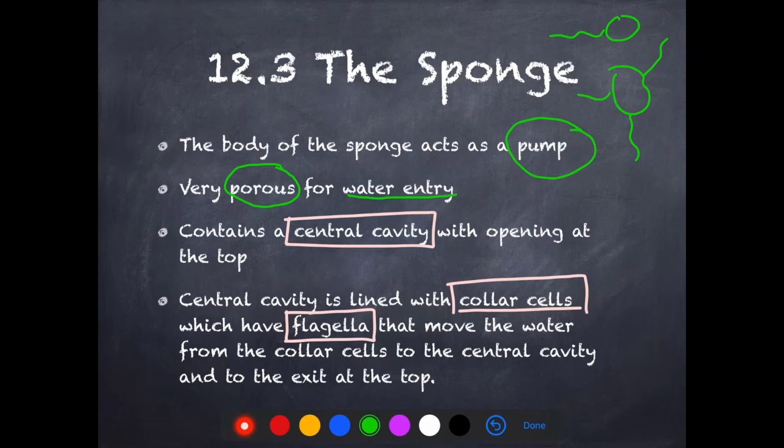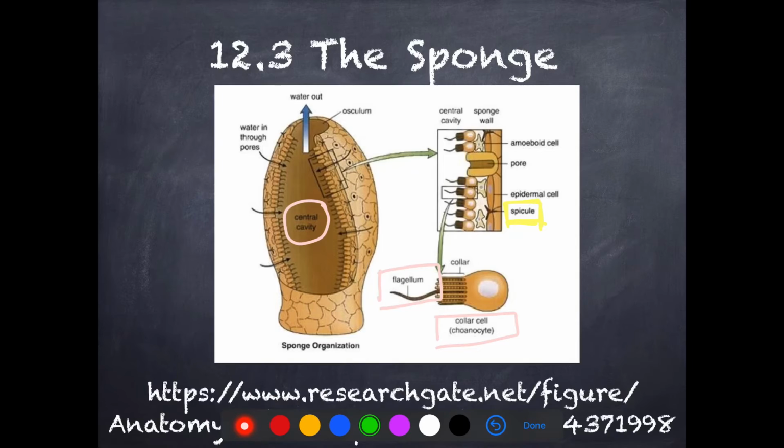And the important part of the flagella in the collar cells is that they are going to help move the water through the central cavity and exit at the top. So this is a good way for waste to be excreted from the sponge, and also to help the nutrients and oxygen go throughout the entire sponge.